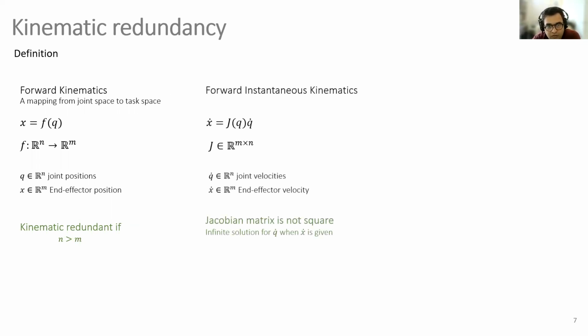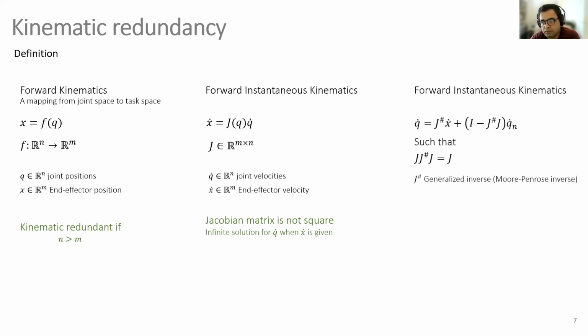For the instantaneous forward kinematics, we also use the Jacobian, which maps the joint velocities to end effector velocities. When we are redundant, the matrix is not square. Simple stuff. And then for the inverse kinematics, we have infinite solutions.